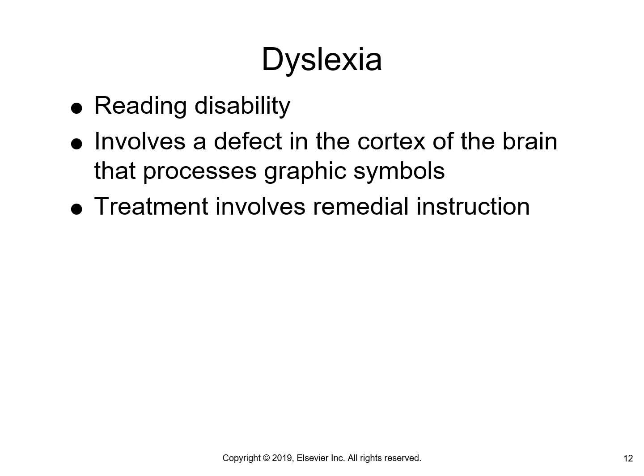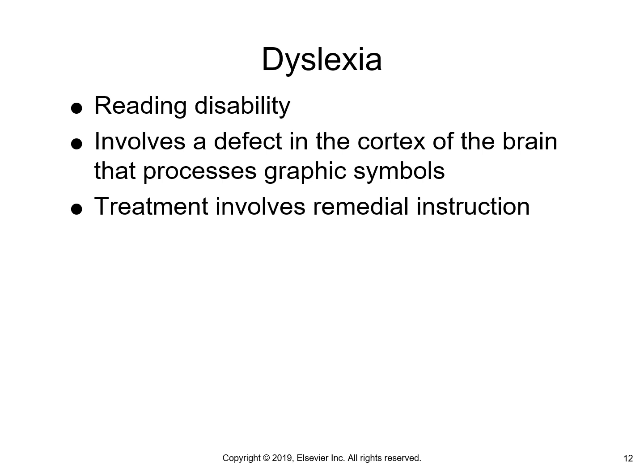So for children that have this reading disability, whatever they're looking at, these symbols or these letters, there's a defect in the brain, and the brain is not processing it properly, and that's why they cannot read. So how do we treat this?